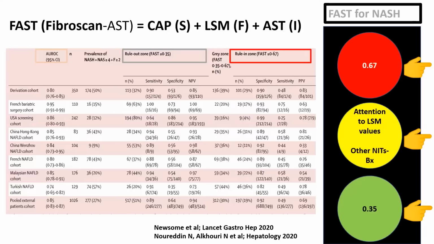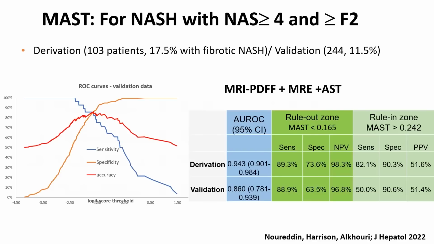And we still included the AST. And basically, we had the same thing: rule-out zone, MAST less than 0.165, that indicates the absence of high-risk or fibrotic NASH. And then the rule-in zone, MAST more than 0.242. Next.